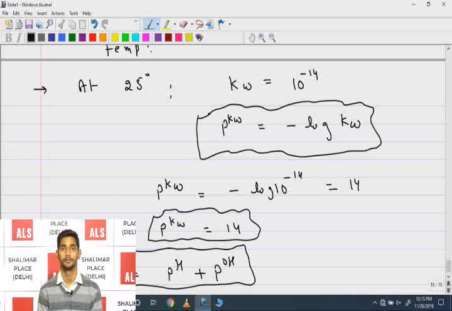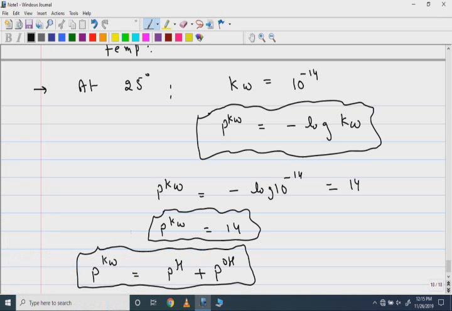A very useful relation actually. Copy and then confirm. Copied? Okay.